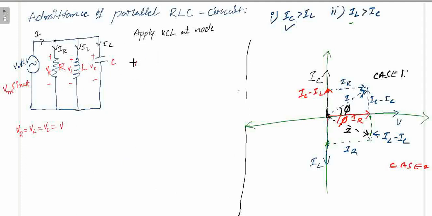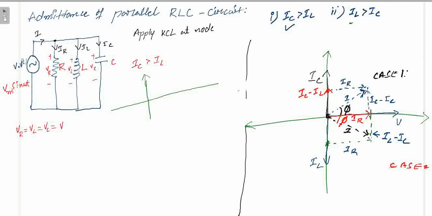When IC is greater than IL, how will the waveform be? This is your I, total current, and this is your V.